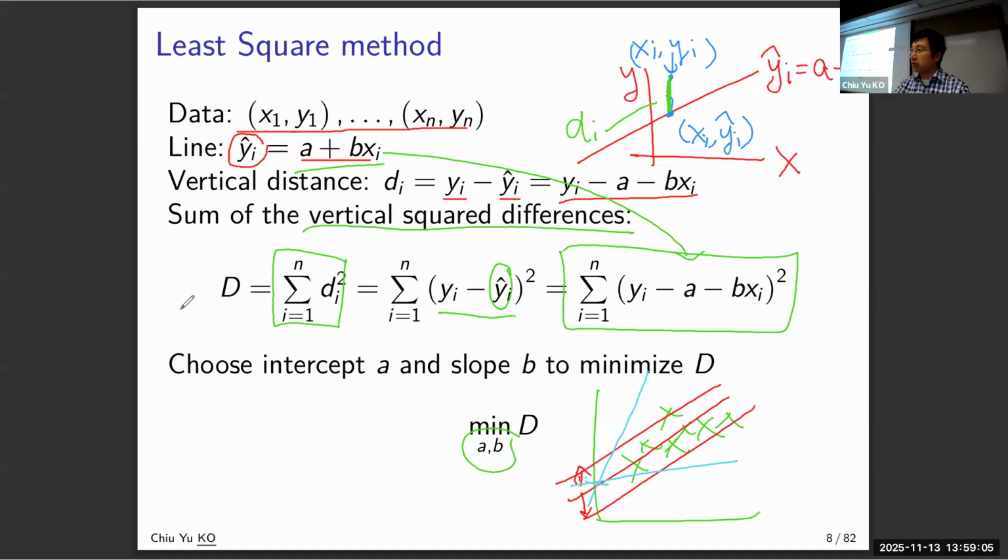Gauss, the famous mathematician, used this method to predict when and where the star would come back, and he did it very successfully. That's why he became very famous. So this is the first case where people used least squares.